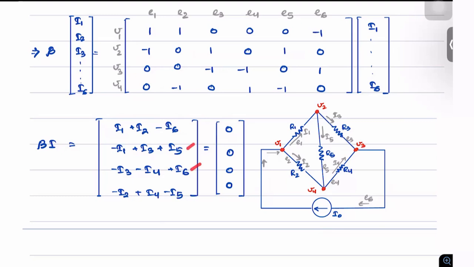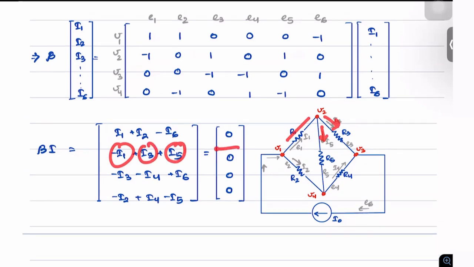Now, does this represent the current flowing through the second node? Let's quickly verify this. I1 is the current which enters, minus I1, I3 and I5 are the currents which are exiting. And obviously, this is also correct. It should be equal to 0. Similarly, there are two currents which enter node 3.